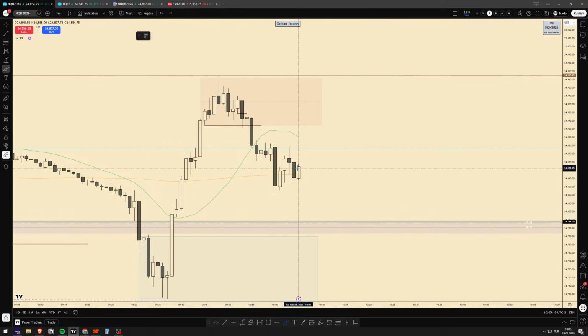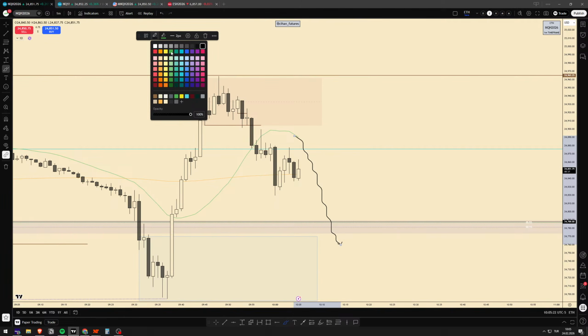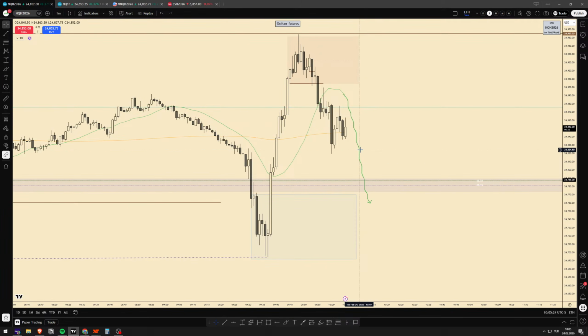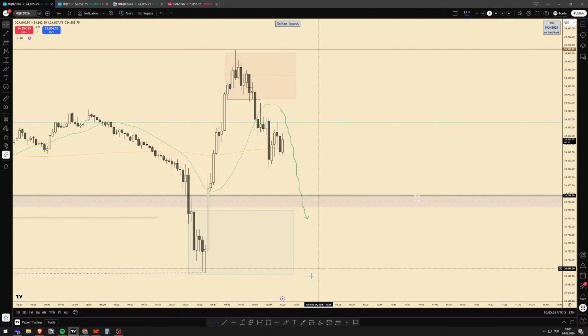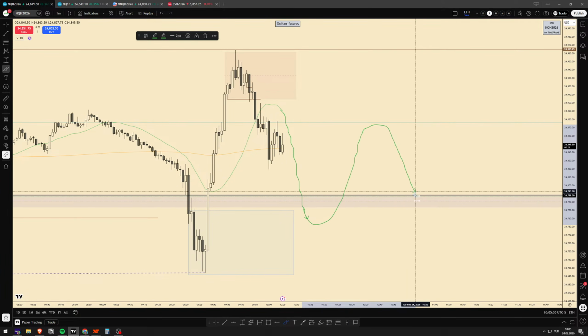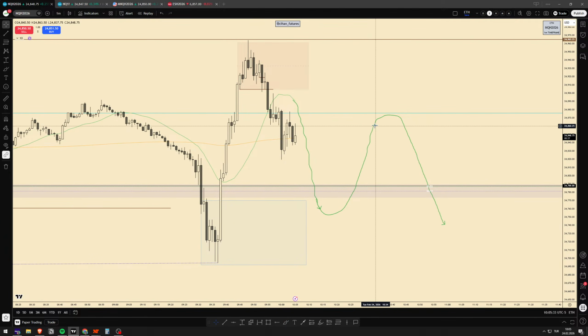And this reminds me of two kinds of patterns. One is this 20 moving average keeps going like that, they are crossing each other, this is turning bearish, or they keep crossing each other like that and chopping around.